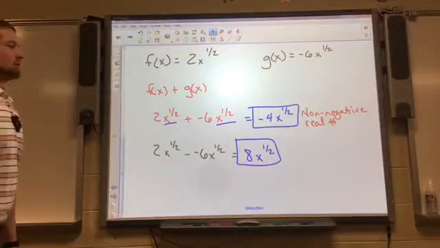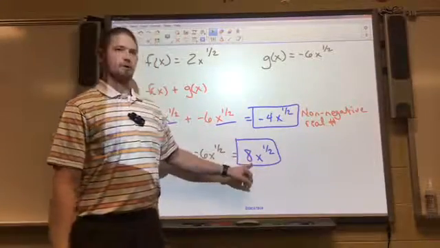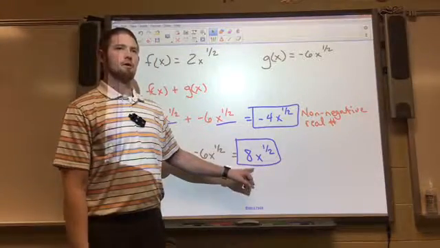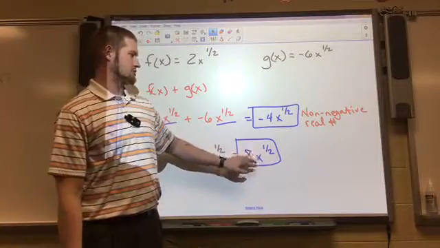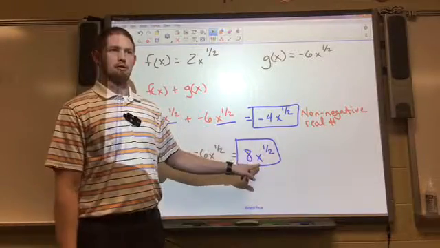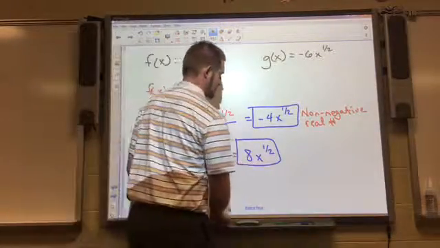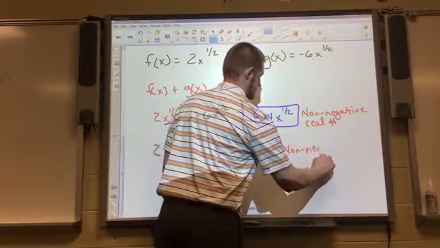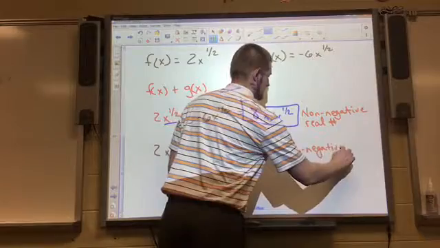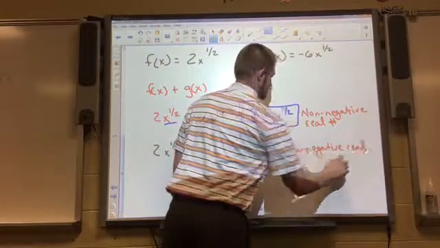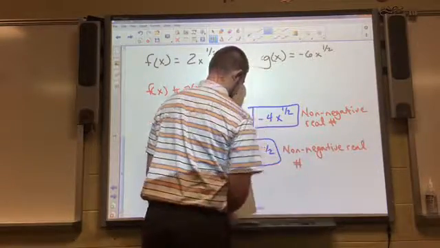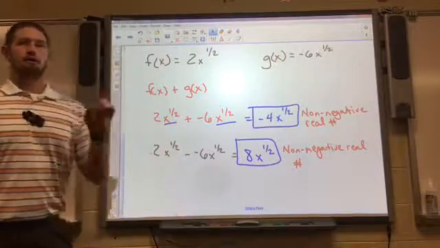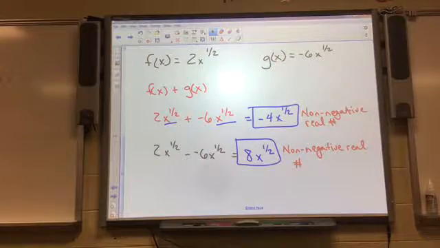What about for the difference? Same thing, right? Because the only restriction is that the x is underneath a radical. So this also has to be a non-negative real number. Your x values are your domain, your y values are your range.